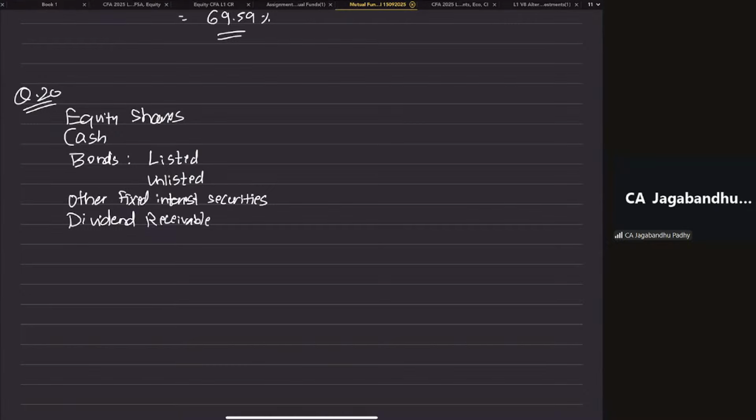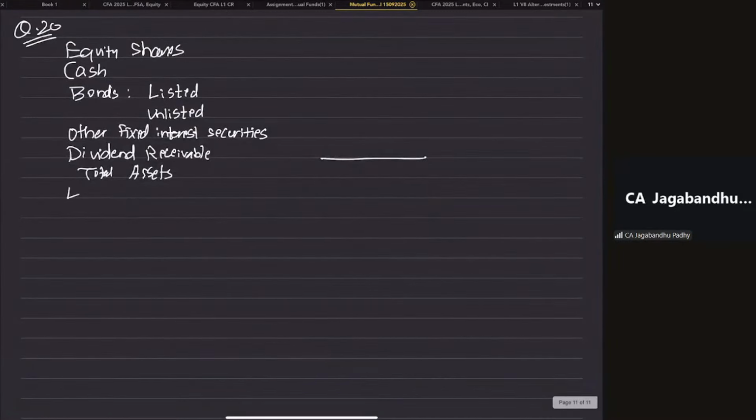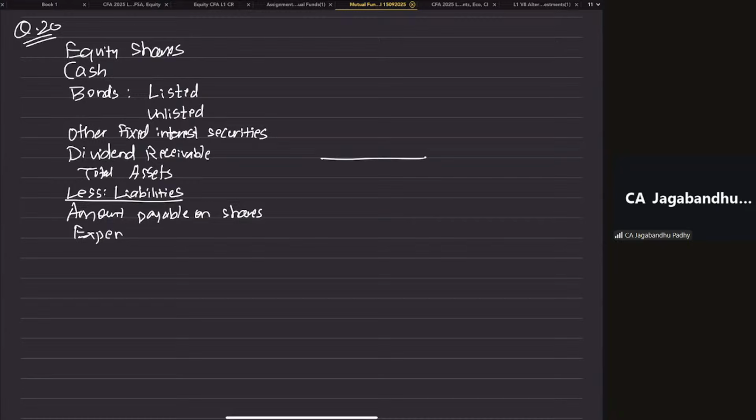And in the form of liabilities, we have amount payable on shares, and expenditure accrued, which is the expenditure that has been incurred but we have not yet paid.